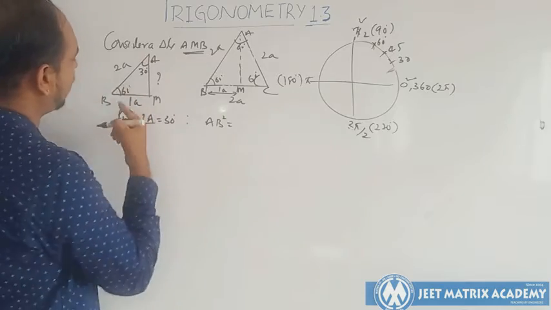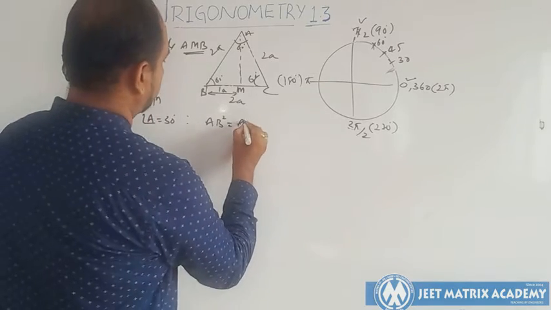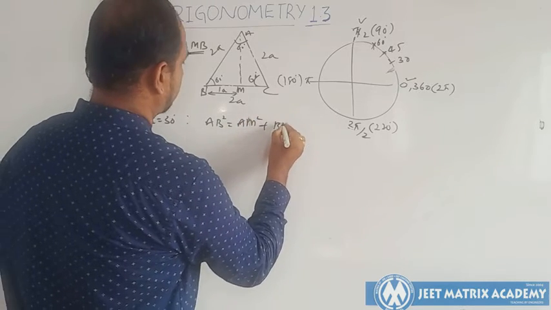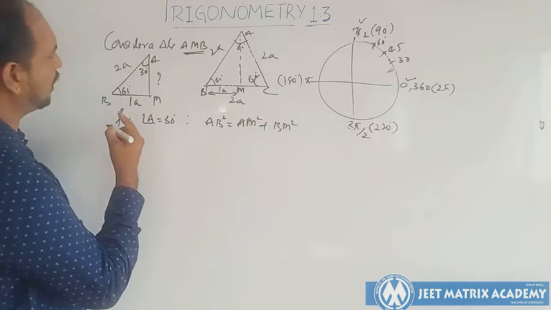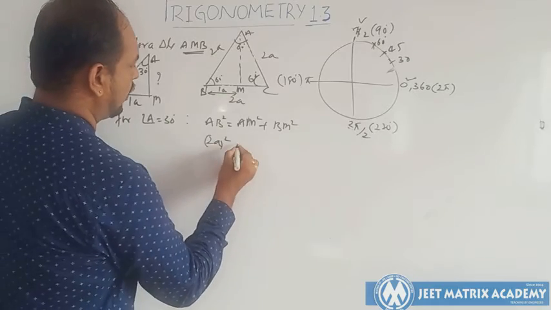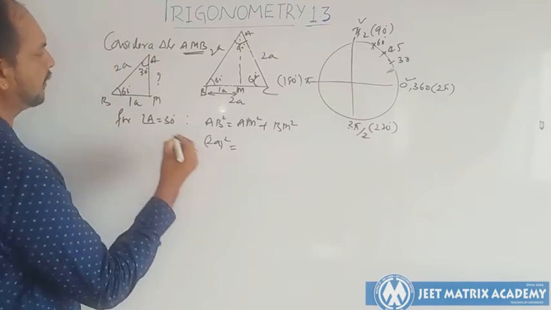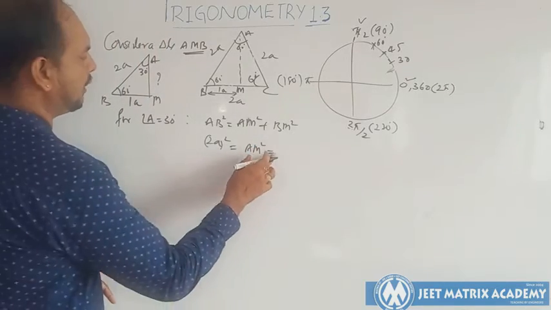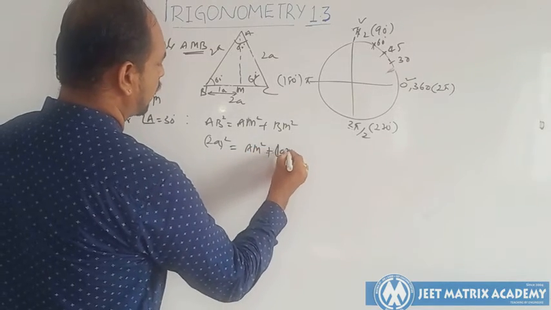So AB square equal to AM square plus BM square. AB square equal to 2A square. Okay, equal to AM, I don't know AM square, height I don't know, plus BM square, that is 1A whole square.